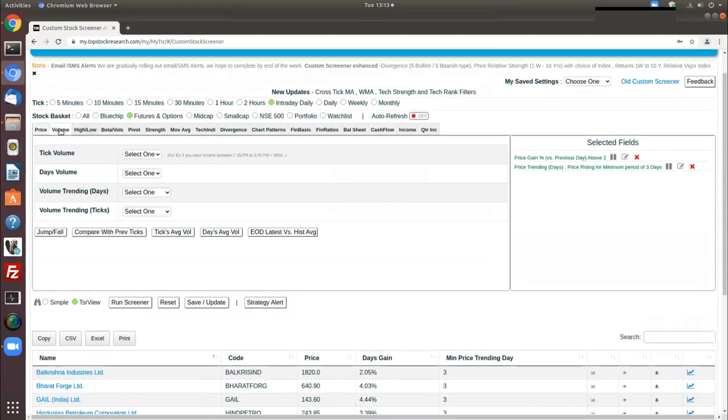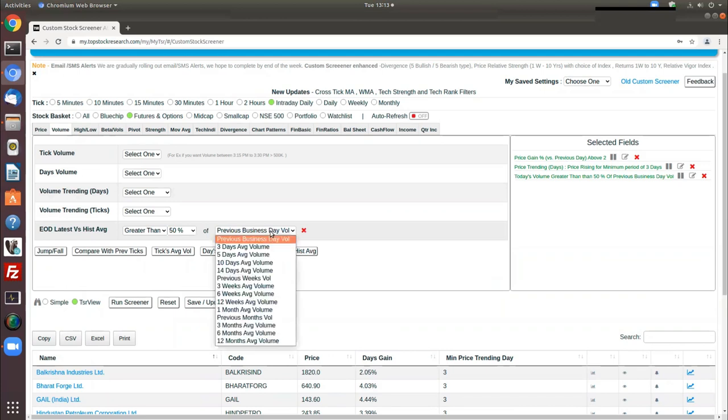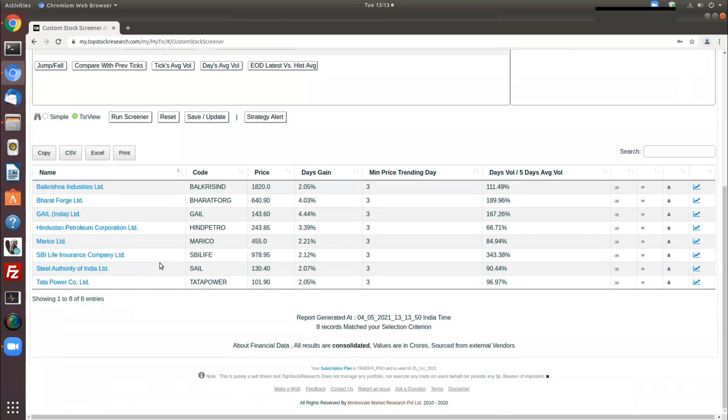Now let's say we want to add the 2 filters that we created here with volume. I'm looking for volume, which is basically EOD volume greater than the last 5 days average volume. I have an option of doing that. So this tells you the day's volume against the 5-day average volume.